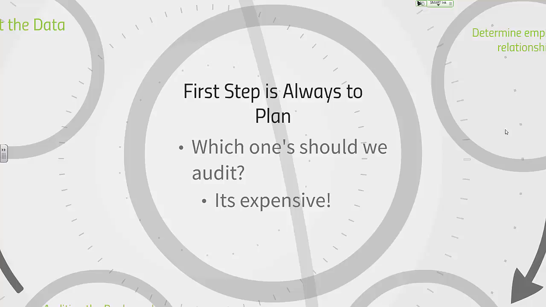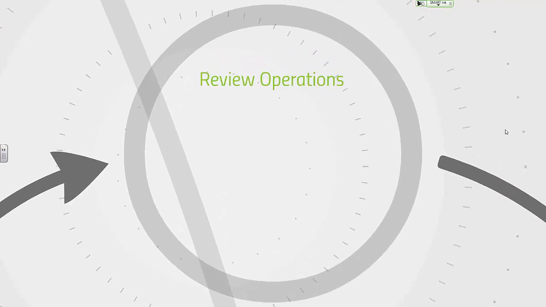Insureds whose exposure fluctuates greatly, have complex operations, or possibly have red flags indicating that there might be problems, are obviously more likely to be chosen for an audit. So after making the plan, the next step is to review operations of the insured. This helps identify changes in any exposures.